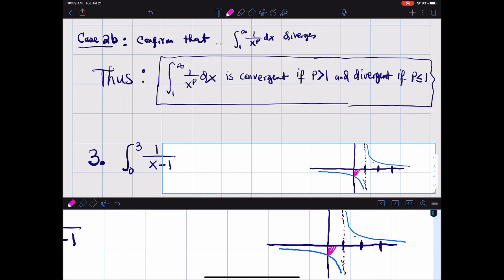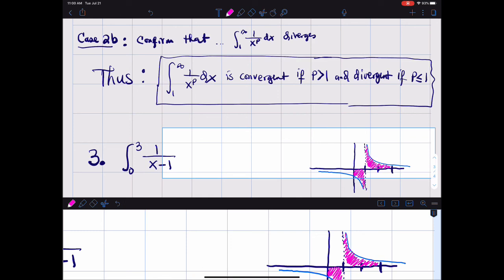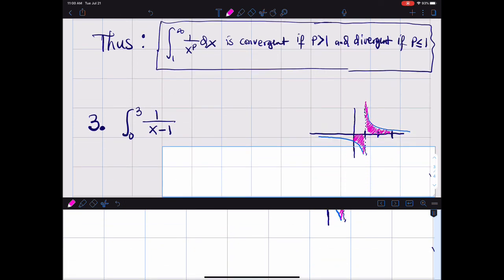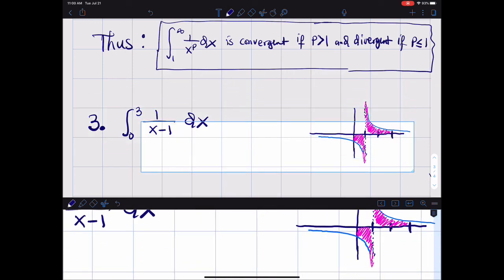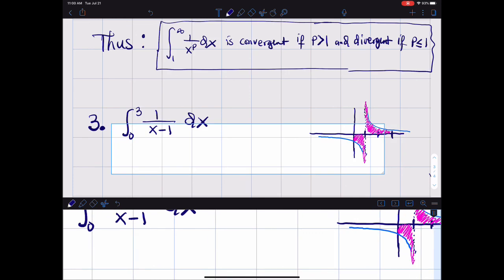So we want this area. But mind you, it continues and keeps going. So the question is, does this integral converge or diverge? That means, is the area finite or infinite?